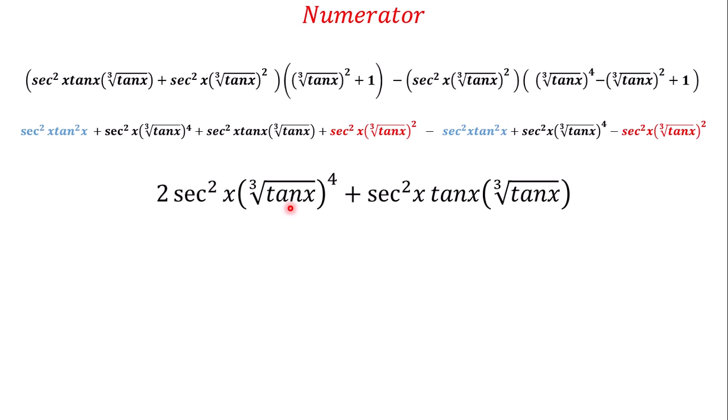Tangent x. So when you have it like this, you can change it to this form by applying that the power of this one is 1, and the power of this one is what? 1 out of 3, right?